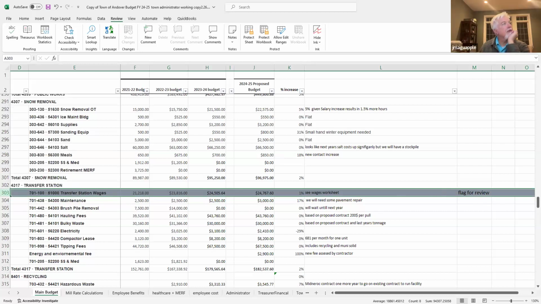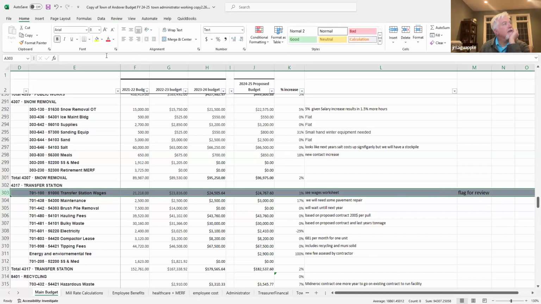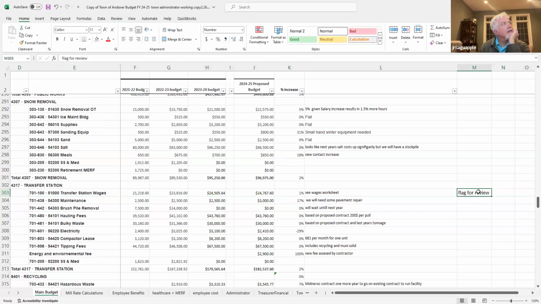So you have about $20,000 of increases in the public works section of this. Majority of that is salaries. Okay. Snow removal budget basically stays the same. The transfer station budget remains the same.